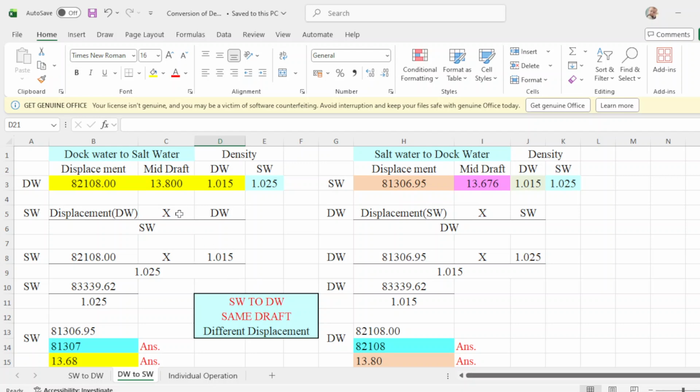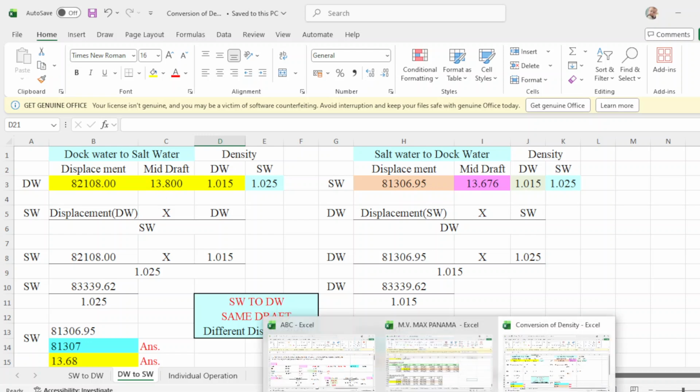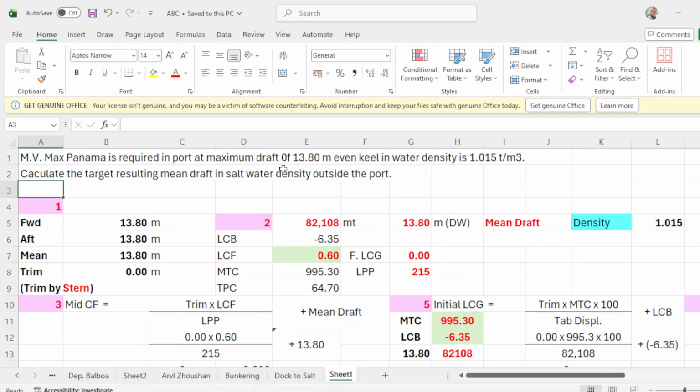Okay, his arrival at berth is 13.80, which is this one. So 13.80 will be even keel at berth, and the density is 1.015.